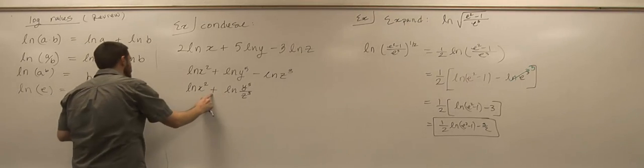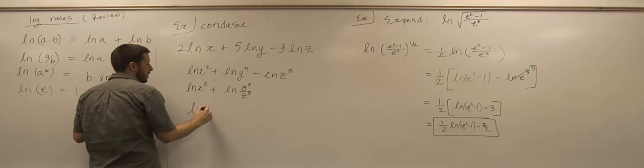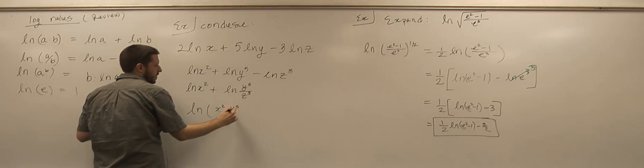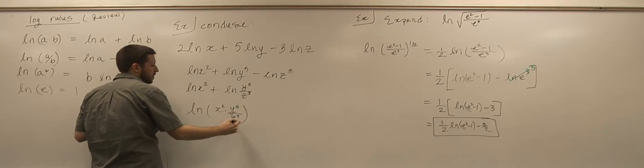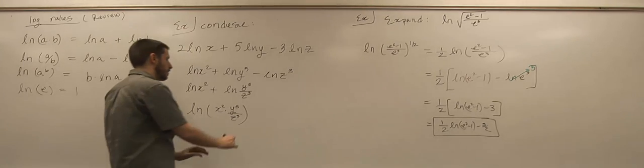And then if you turn this addition into multiplication, it becomes ln of x squared times y to the fifth over z cubed. Or if you multiply that out, x squared y to the fifth all over z cubed.